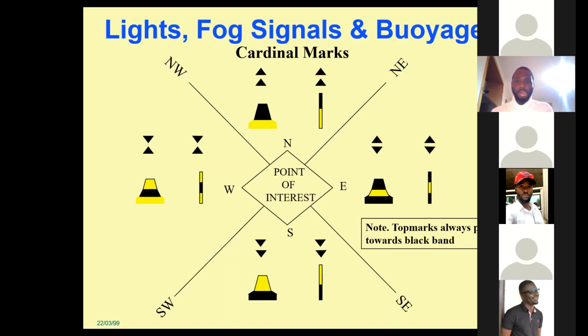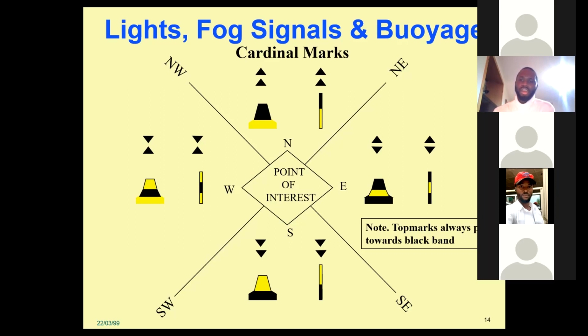JJ: I've also seen it where the 4 cardinal marks are placed somewhere on the chart. Which means depending on the direction where you are coming from, you have to take action to avoid something in between that place. Exactly. It also helps to increase your options.